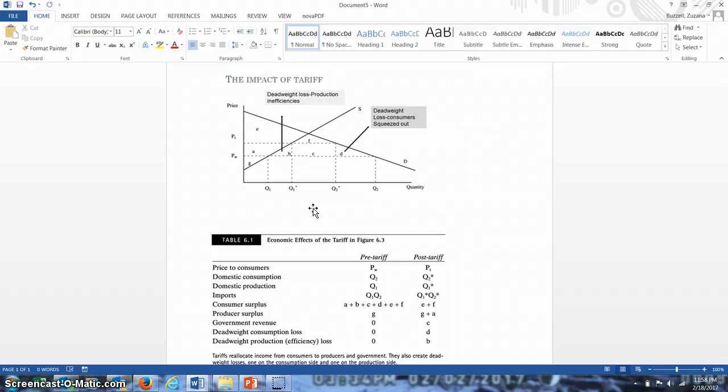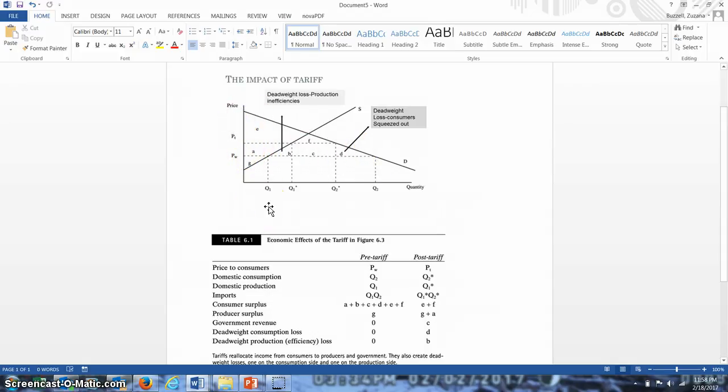Okay? Before, as I said, the consumer surplus is anything below the price the consumers are willing to pay for a product, and the demand curve. So it was A, B, C, D, E, F. Okay, right here. Price above and below the demand curve. So this was the consumer surplus before, this triangle.